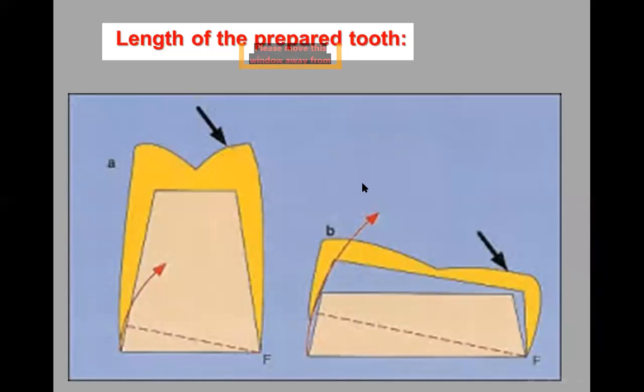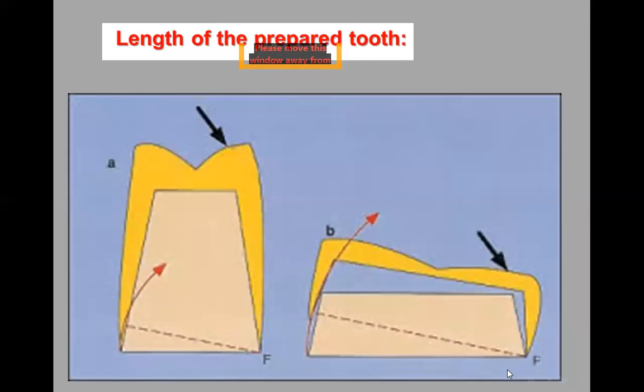Now, in this picture, you see that the red arrow is the direction of the removal of the crown. If this direction is not obstructed by the surface of the tooth, that means the crown has no retention or resistance.